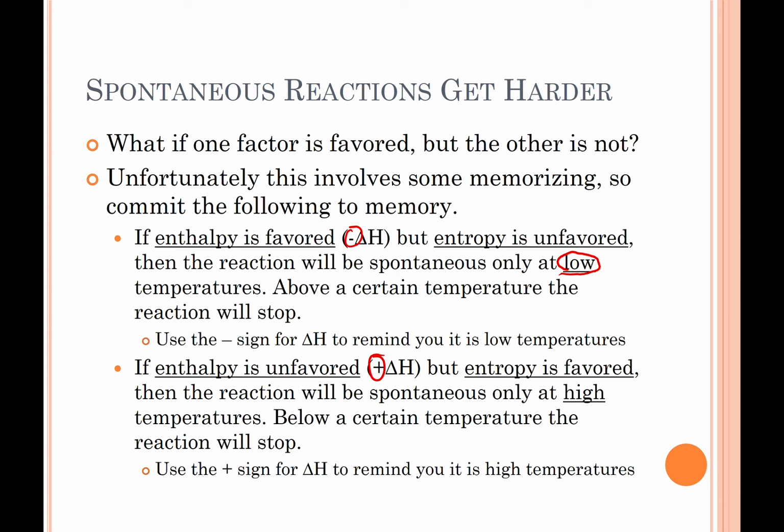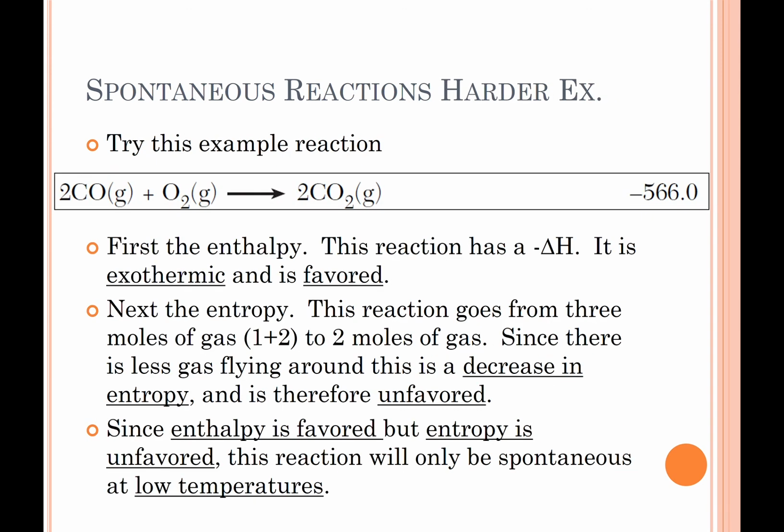Enthalpy being favored or unfavored, and entropy corresponding. We have to look at the enthalpy value, determine if it's endo or exothermic, and use that to decide at what temperature the reaction will be spontaneous or not spontaneous. That's about as hard as these are going to get.